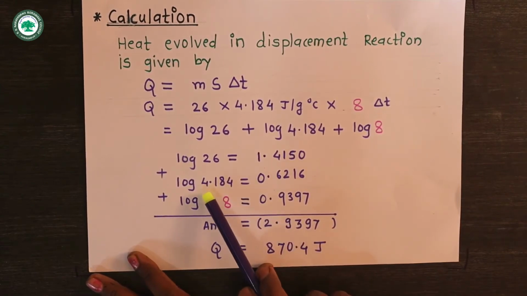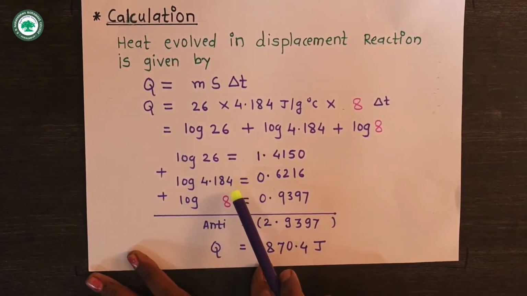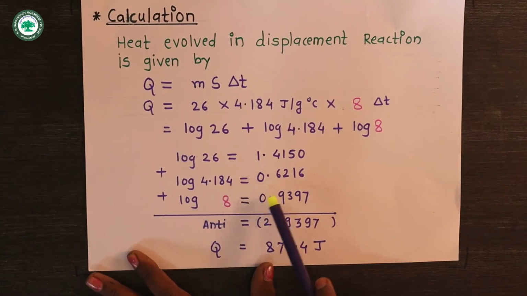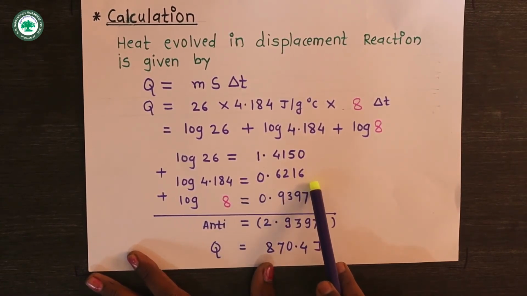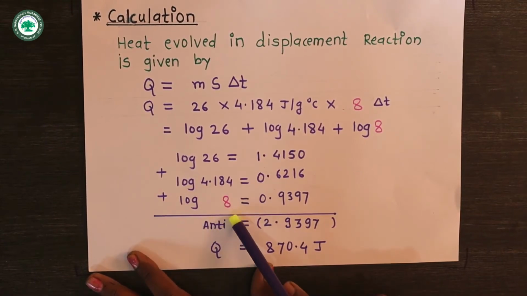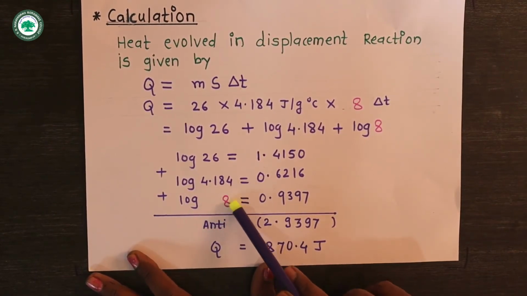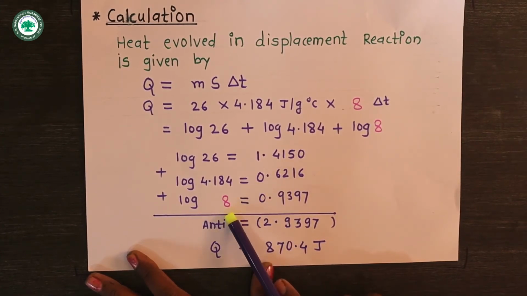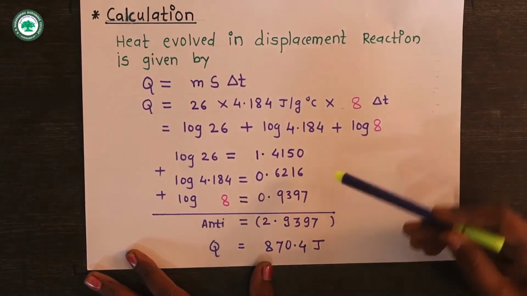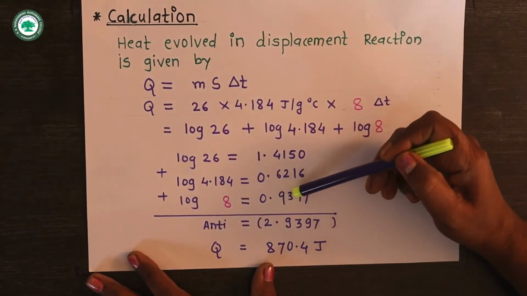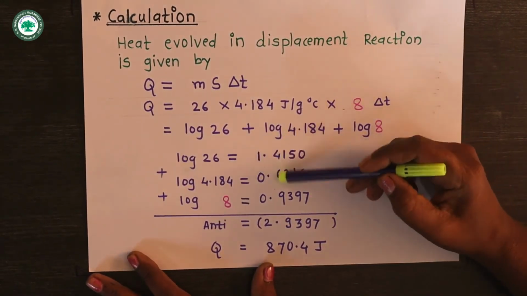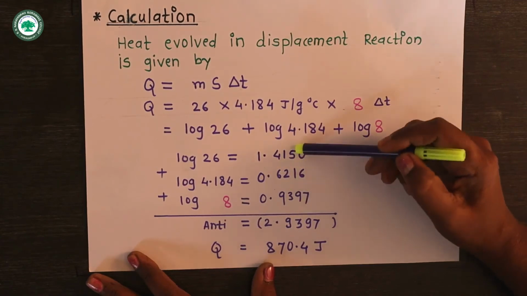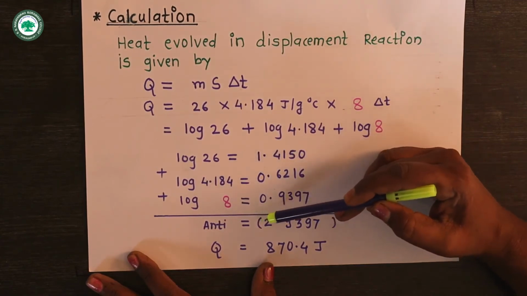We have to see the log of 41 into 8 and its difference 4, and that summation will give 0.6216. Now plus log of 8. Now it is only a single digit number, so 1 minus 1, its characteristic is 0 point. We have to see the log of 80 into 0, and that is found to be 9397.